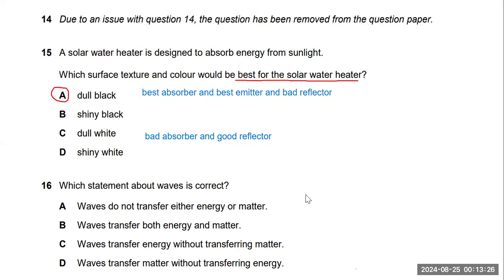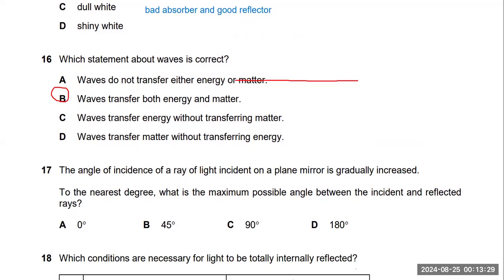So the next question that we are moving towards is 16. In this lecture I will cover about 20 questions, and in the next lecture you will see the next 20 MCQs. Which statement about waves is correct?